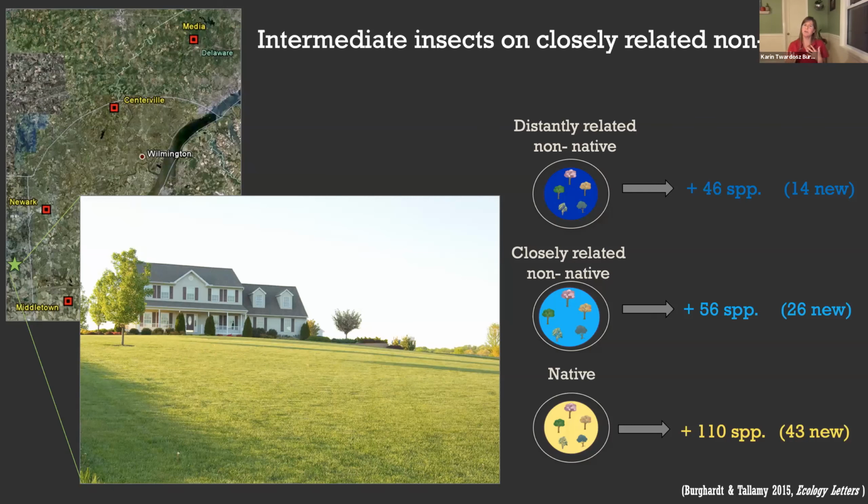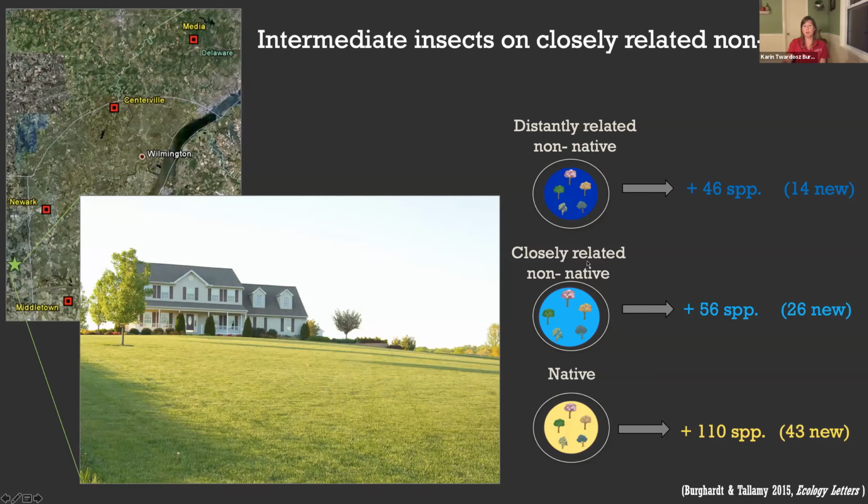And 14 of those species would be insects that you hadn't picked up in your other surveys. These are primarily generalist species. And I can go into more details if you like.